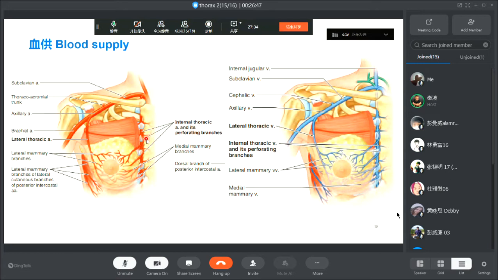These two parts supply nutrition to the breast.